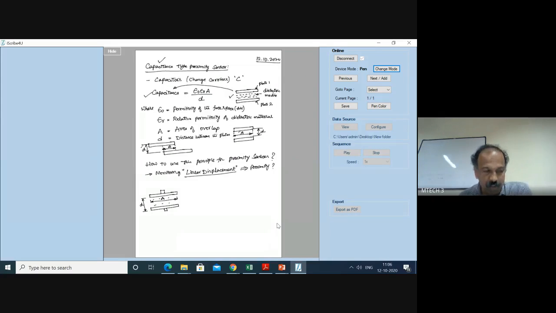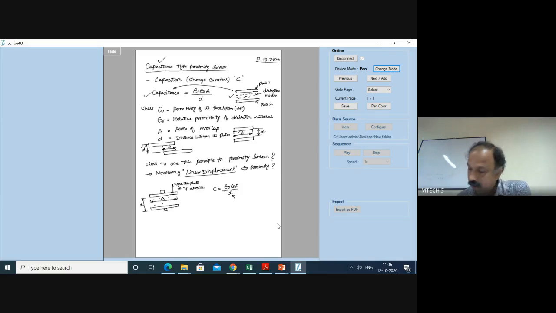Now I will move one of the plates in the y direction. What is going to happen now? We have C is equal to epsilon naught epsilon r A divided by D. What has happened to D?